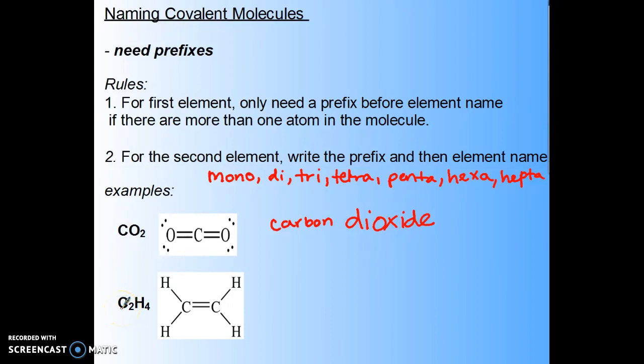So if we have 2, then we're going to have to say dicarbon. And then if we have 4 hydrogens, then we need to use the prefix for 4, which is tetra. Tetrahydride. Okay? Alright, that is simple covalent naming.